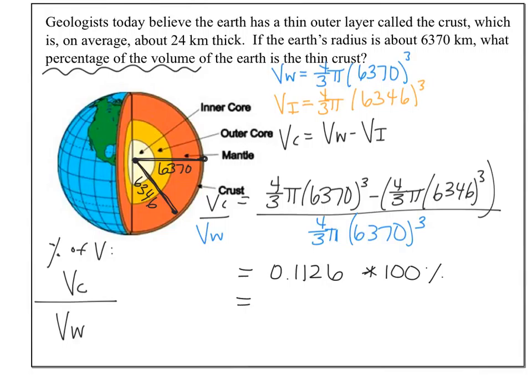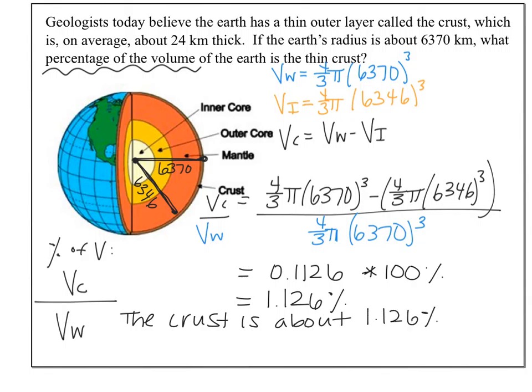So that tells us that it's 1.126%. So the crust is about, remember, about is a key word here, 1.126% of the volume of the Earth.